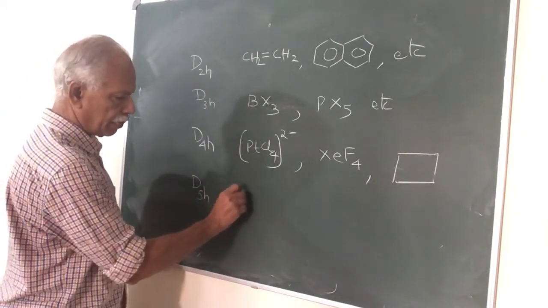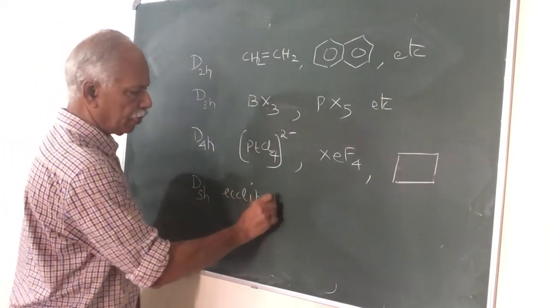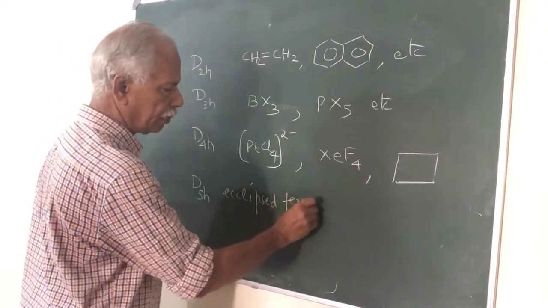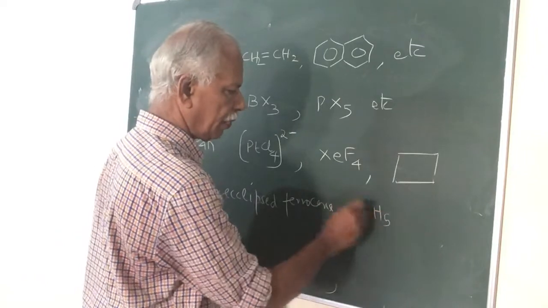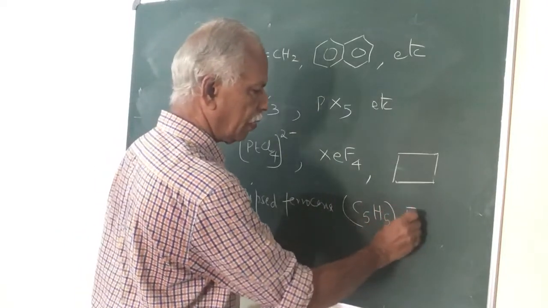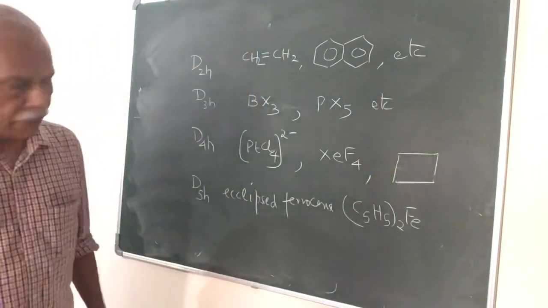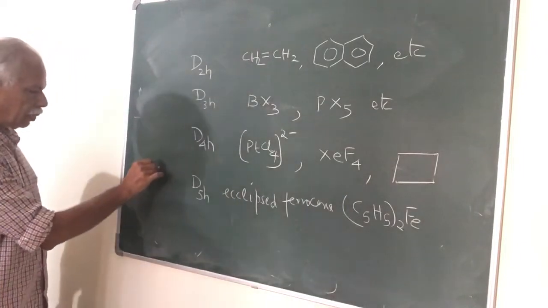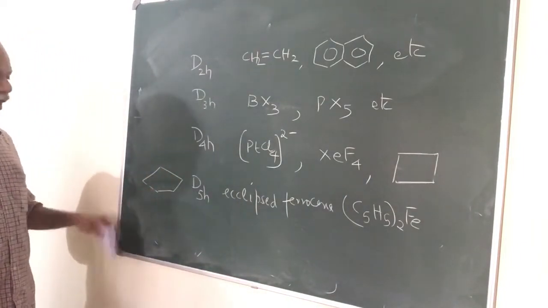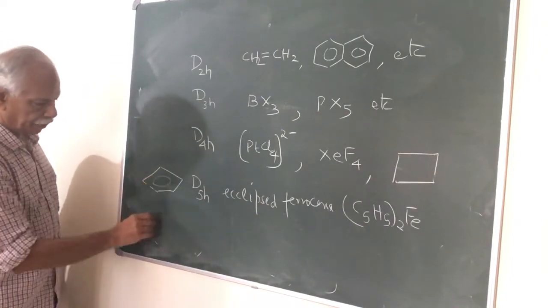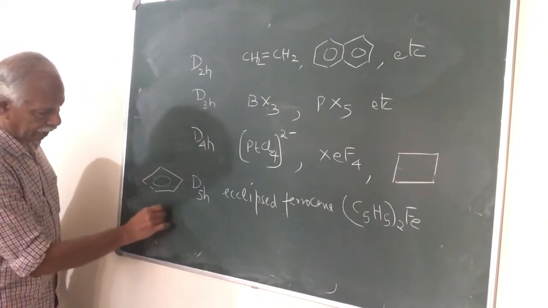D5h, eclipsed ferrocene, (C5H5)2Fe. The two cyclopentadienyl rings are eclipsed.